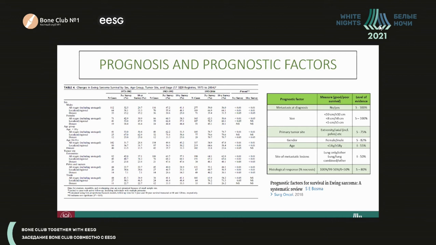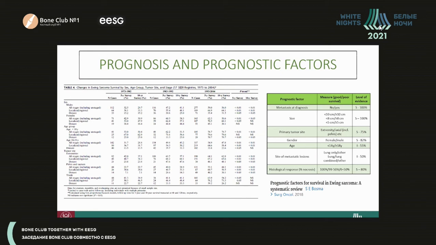But what is really important is that in recent years, of course, the overall survival of Ewing sarcoma has increased. In fact, we can see from this table that the overall survival is different according to different features such as sex, age, and tumor site.